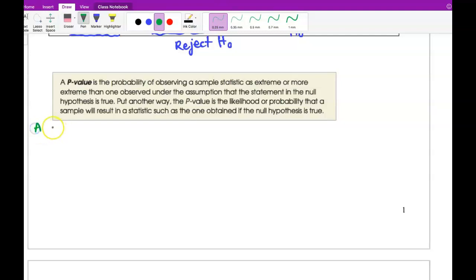A p-value is a probability associated with your critical value.